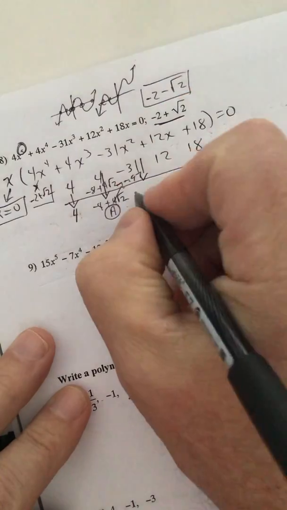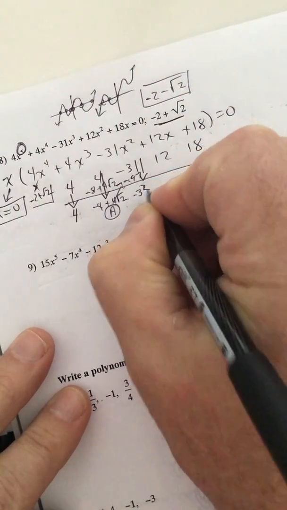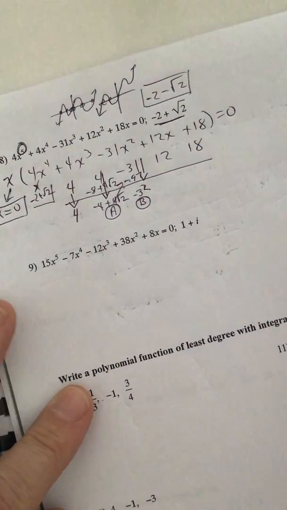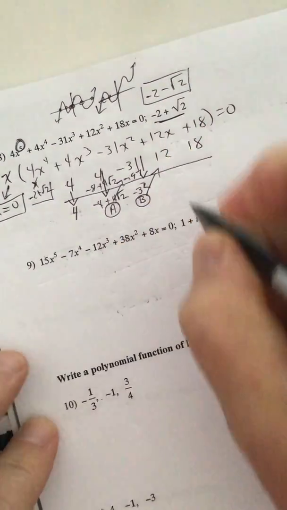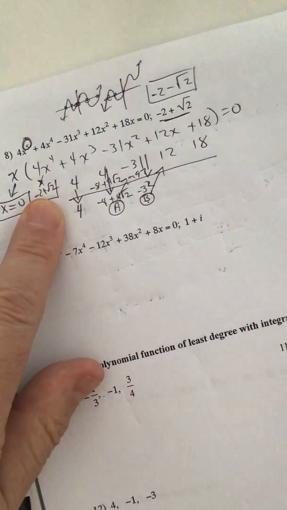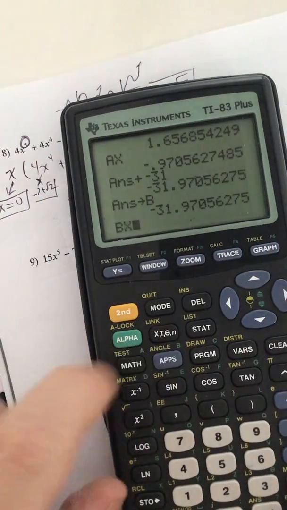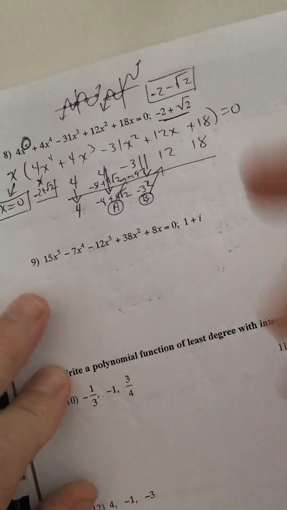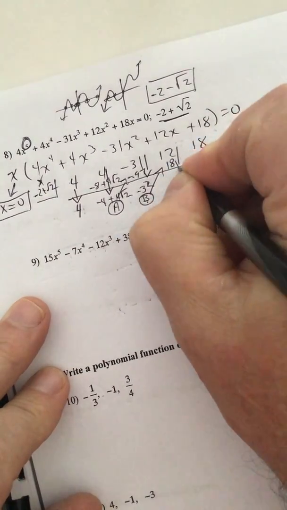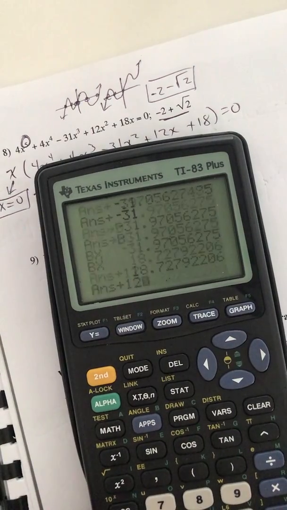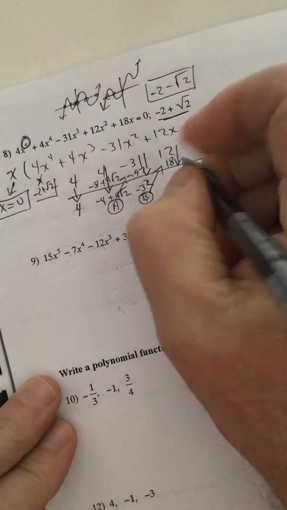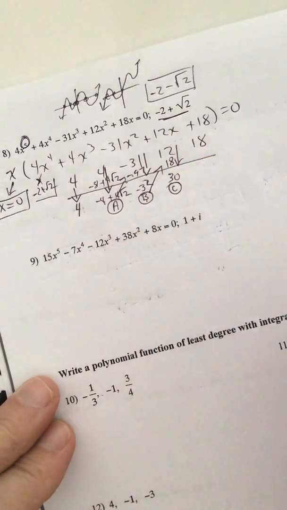Okay, so that's about negative 31, 32-ish down here. I'm going to put that one in B. So I have it exactly. Because now to go up here with the 12, I need B times X. B times X is about 18. So that's approximately 18. And now I need to add down a 12. So I'll add 12 to that. So it's about 30 something. I'm going to put that one in C.